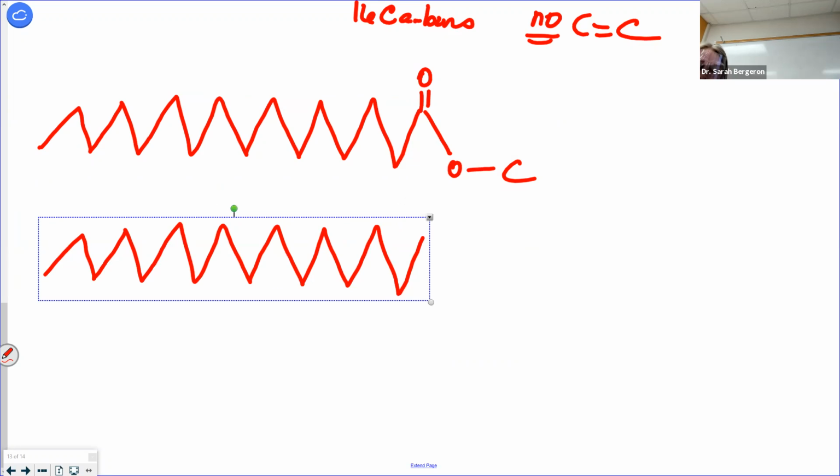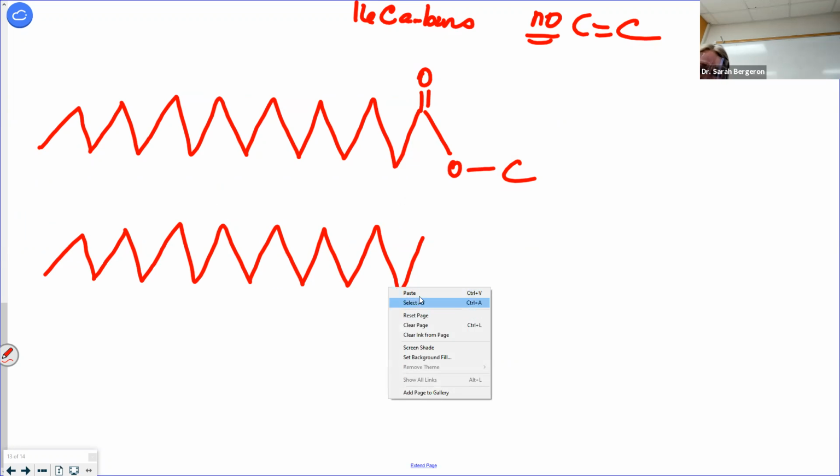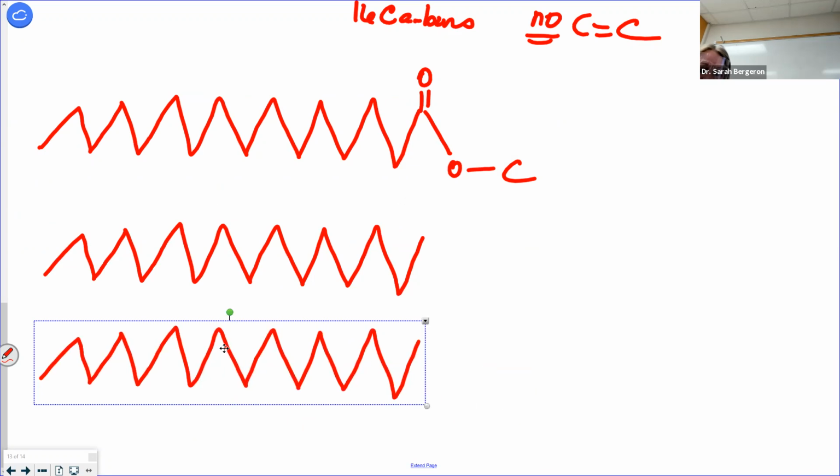Okay, so we do the same thing for 3 because it's a triglyceride. And then we're going to come down, make an oxygen bound to a carbon, come down, oxygen bound to a carbon, link your carbons, give this carbon how many hydrogens? 2, this one 1, this one 2.